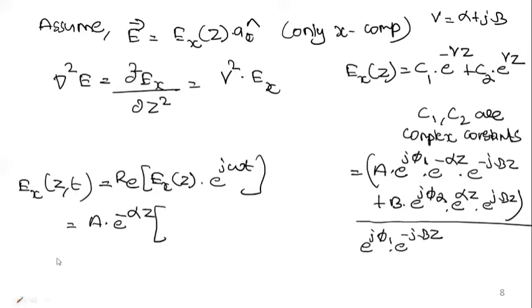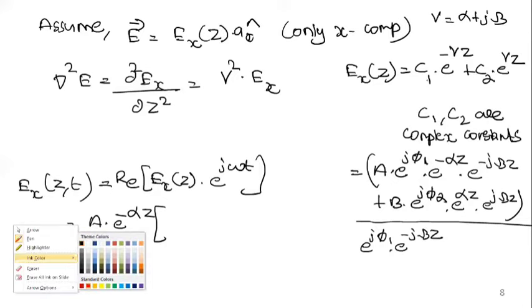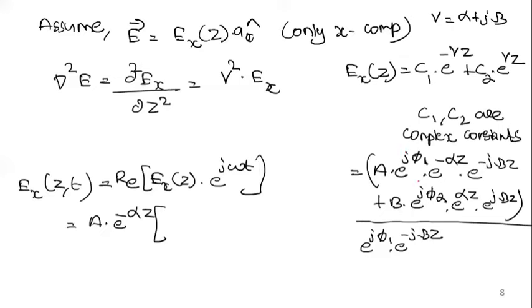So from this equation, e raised to j phi 1, e raised to minus j beta z, they can be written as e raised to j into phi 1 minus beta z, right?